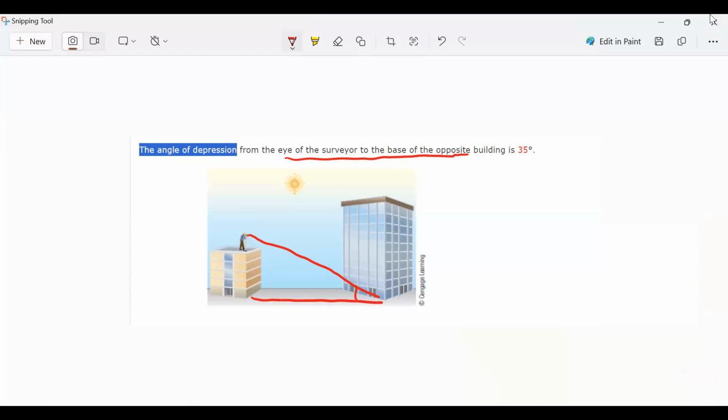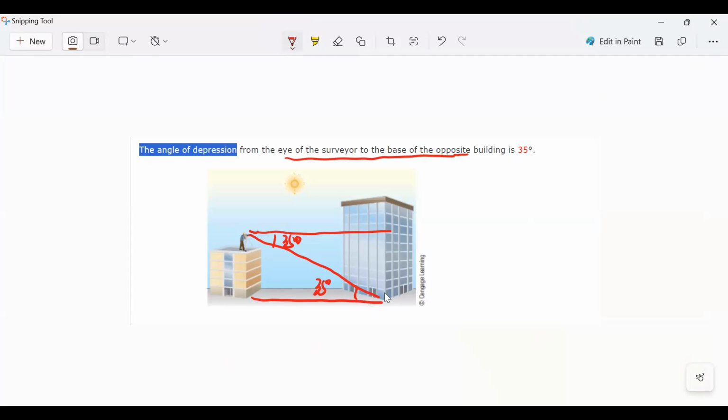It's the base of the building, right? 35 degrees. That being said, if you want to do the other, this angle here will be the same thing as this angle here. So let's see which one will satisfy this.